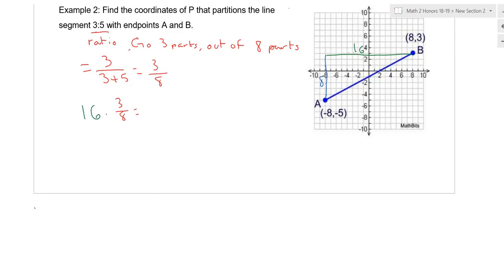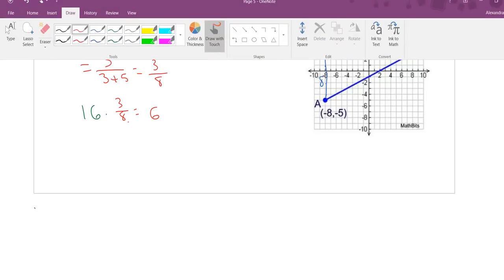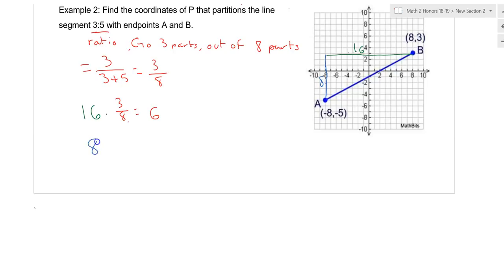You can use a calculator, or try doing it in your head. I like to do the division first. 16 divided by 8 is 2, and then times 3 is 6. Makes it nice and easy to do in your head, but feel free to use a calculator. And then 8 times 3/8, because that's our y. 8 divided by 8 is 1, times 3 is 3.